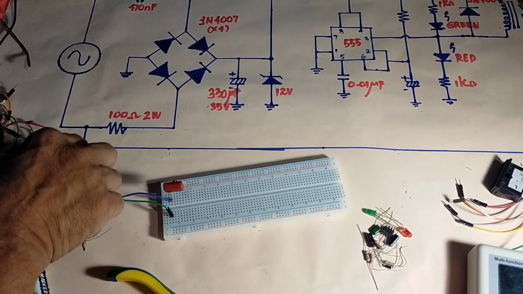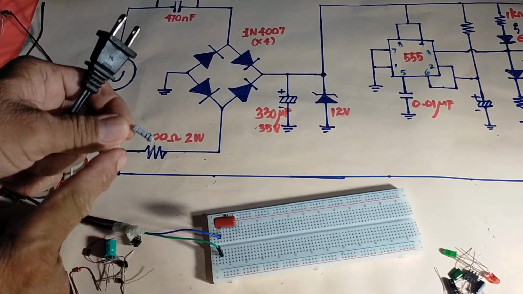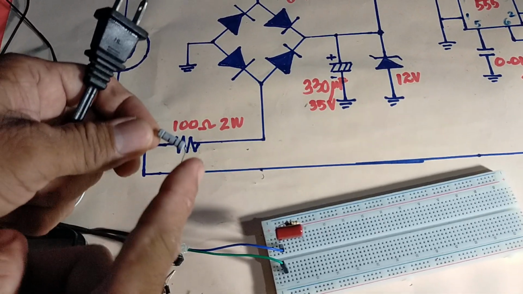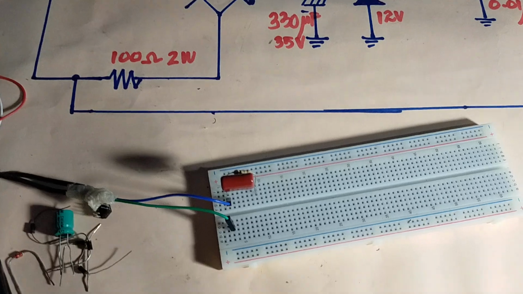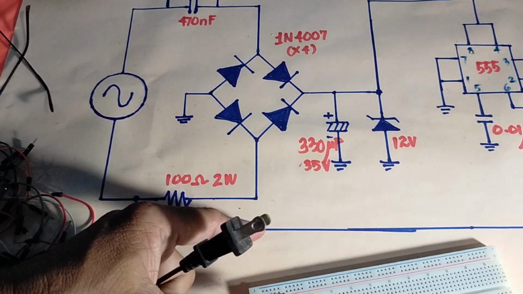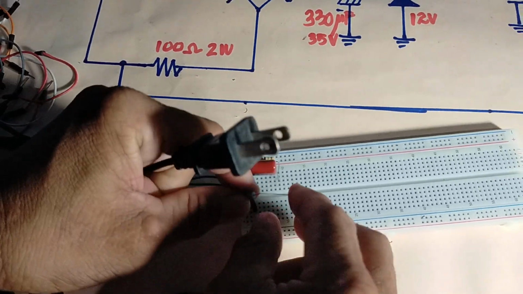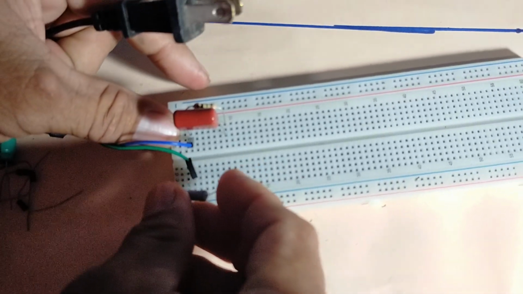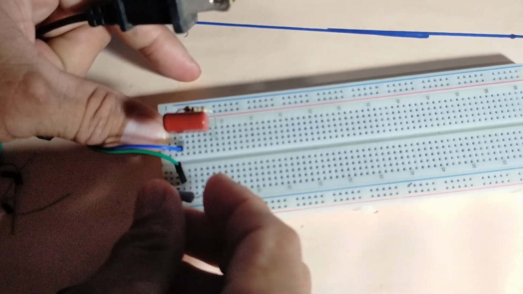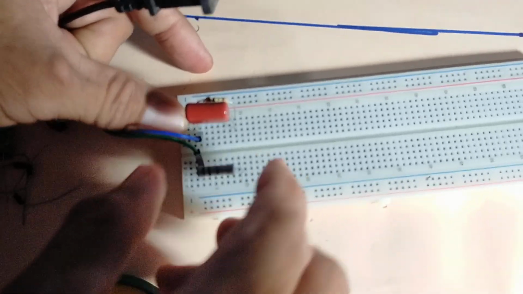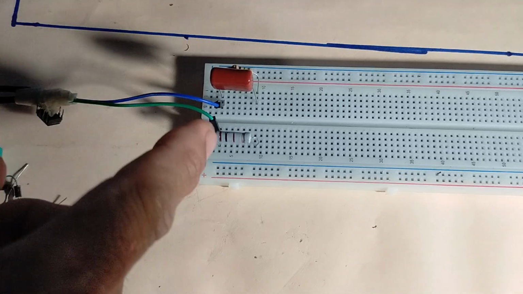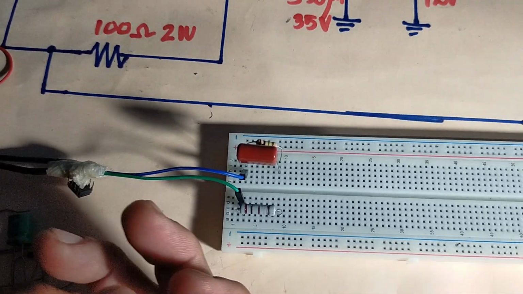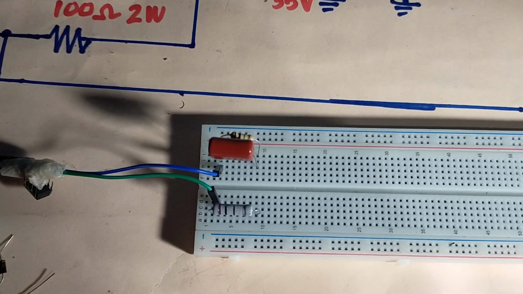Okay? Then another resistor is here, which is 2 watts, 100 ohms, because brown, black, brown, is connected over here. Okay. So the purpose of this resistor is actually to limit the surge current from the outlet.